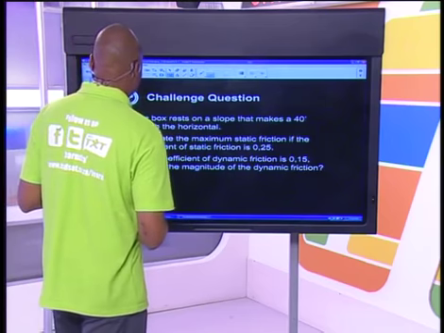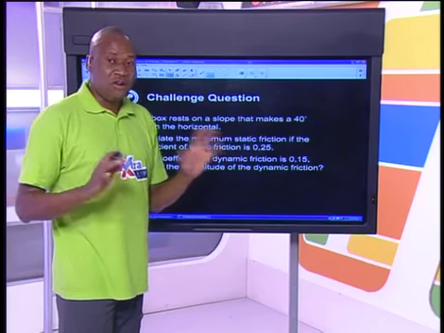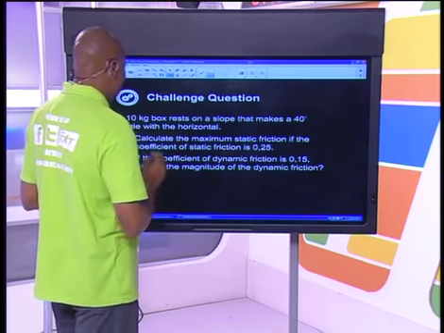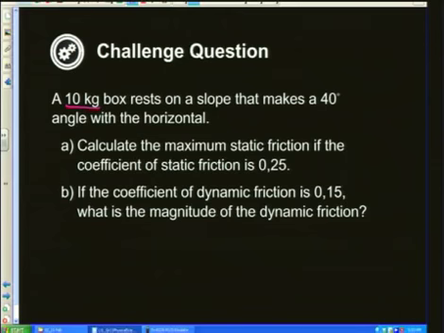Now, let's have a look at the challenge question for today. It's a simple, straightforward question. I hope you will find it easier to work on. It says here, a 10-kilogram box rests on a slope. The slope makes an angle of 40 degrees with the horizontal. A, calculate the maximum static friction. Now we've got one type of friction already stated there, static friction, if the coefficient of static friction for that situation is 0.25.